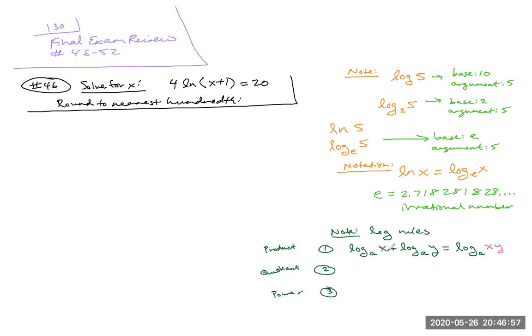Okay. So where you see this plus on the side with more than one log, it becomes a multiplication on the side with one log. Continuing down the line, you have log base a of x minus log base a of y.